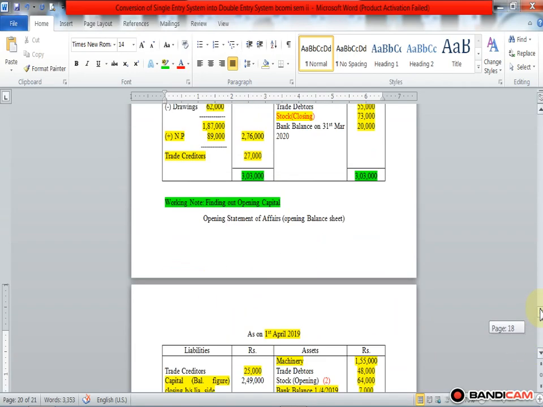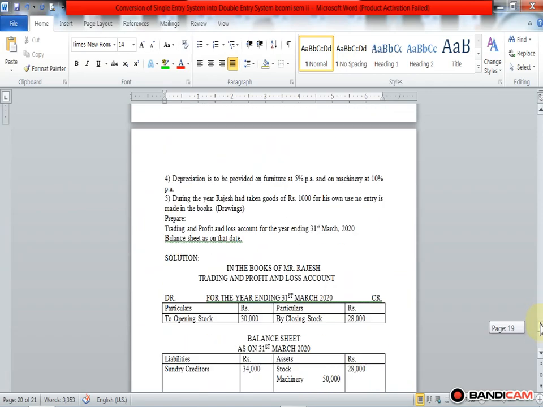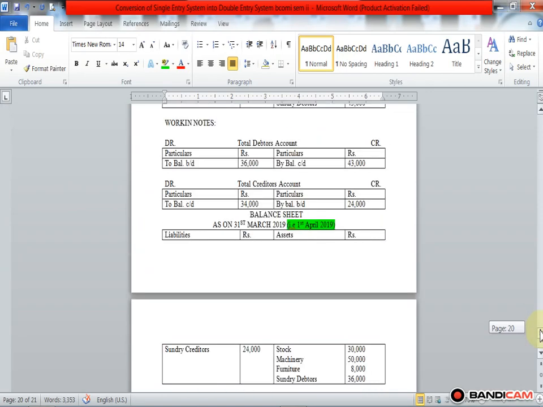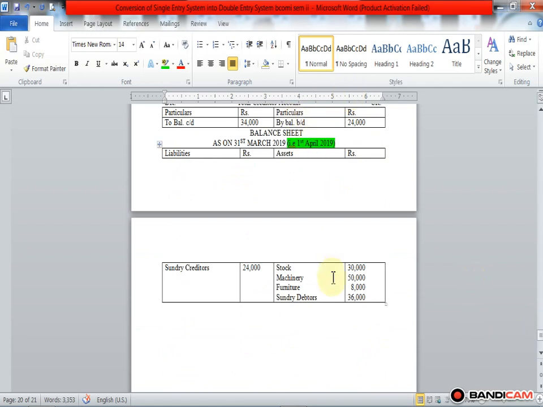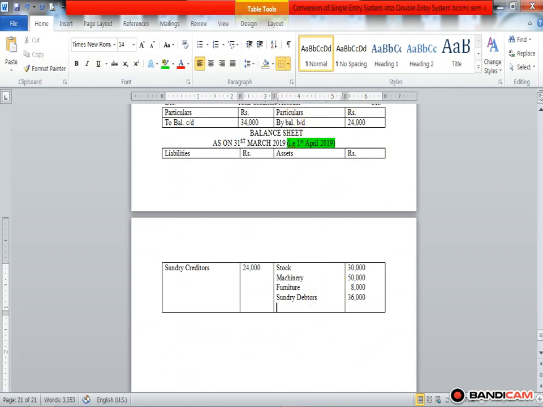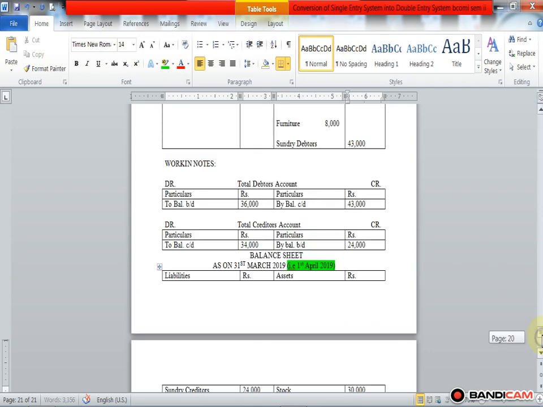So here opening balance sheet cash, or opening cash balance, amounted to rupees 1,000.